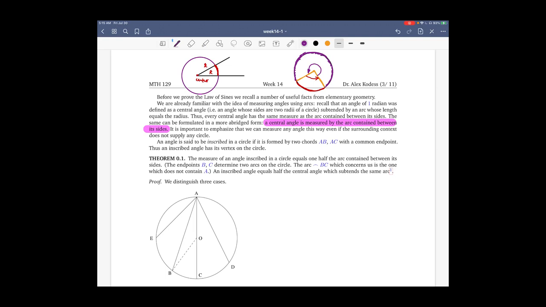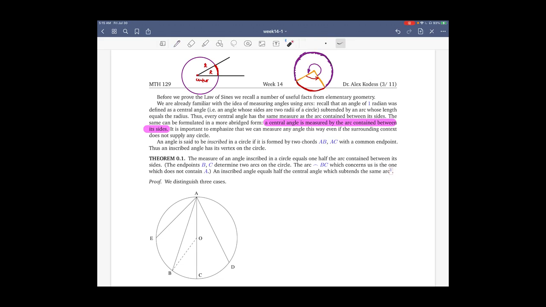In fact, if the radius is 1, if we have a unit circle, the length of the arc equals the measure of the angle. Say, for instance, the length of the entire circle is 2 pi, and the entire circle corresponds to the central angle of 2 pi.